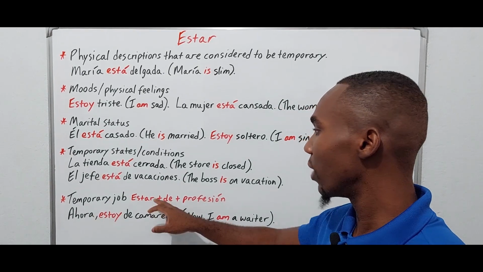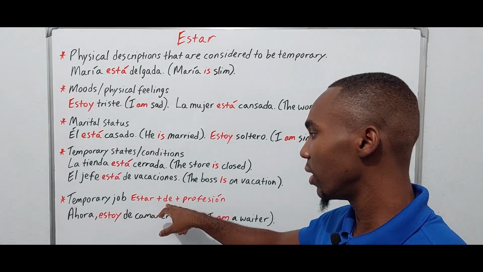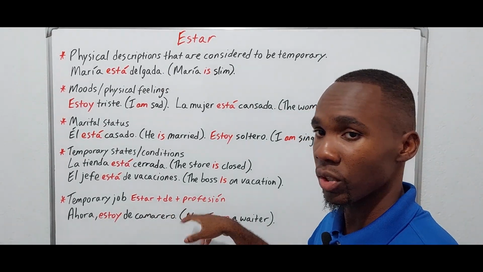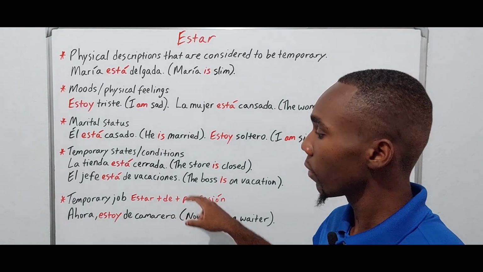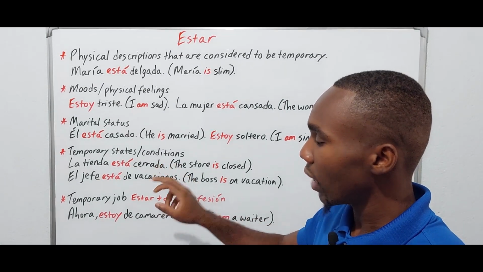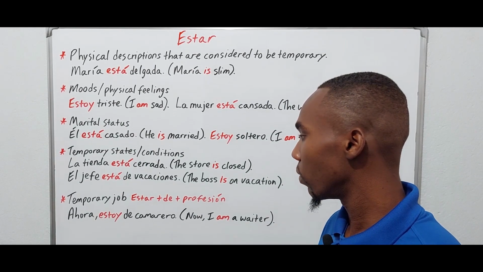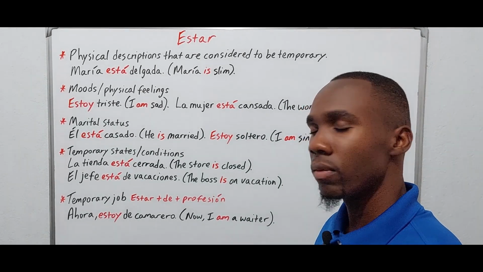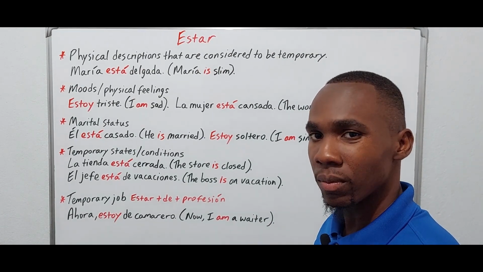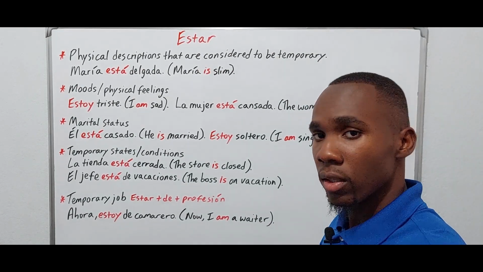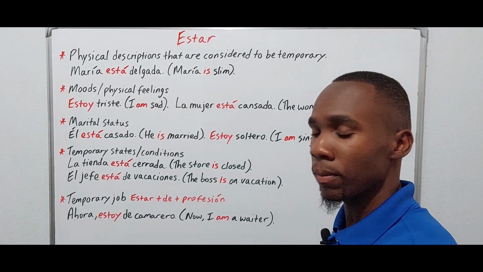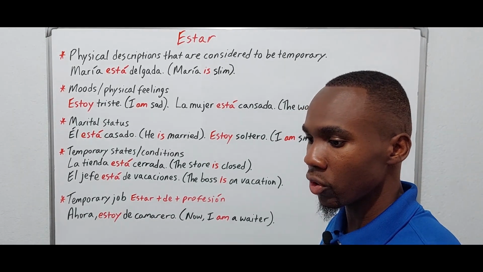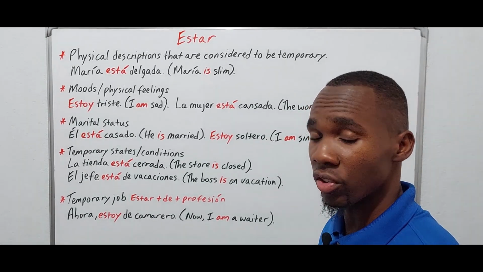Okay, so we use estar followed by the preposition de followed by the profession, which is profesión. Okay, ahora estoy de camarero. Now I am a waiter. So that is saying that I am not usually a waiter. I probably have another job, but right now I'm a waiter, okay? So let's use an example like with teachers.